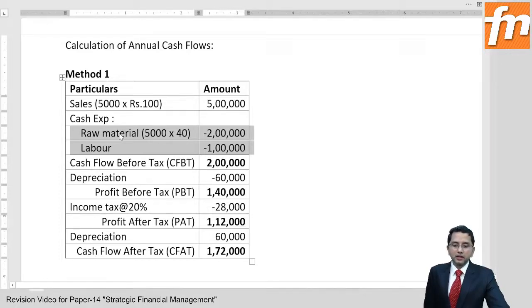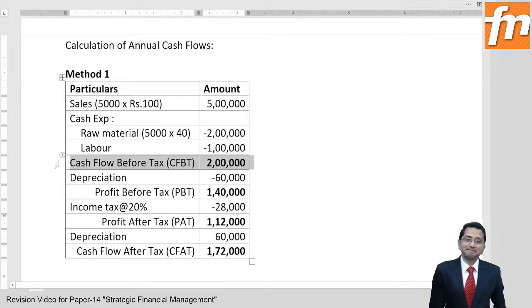So like raw material, it's a variable expense, 5,000 unit, 40 rupees per unit, 2 lakh. Labor, suppose it's a fixed cost, 1 lakh rupees, you deduct it. Sales minus cash expenses gives you cash profit.